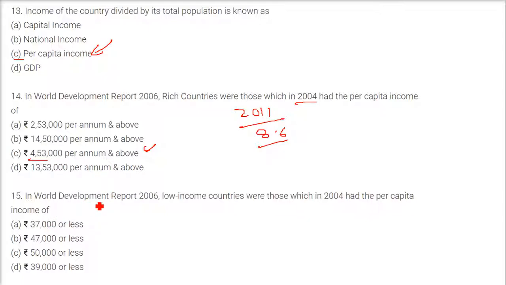Now, in World Development Report 2006, low-income countries were those which in 2004 had the per capita income of, the answer is 37,000. But in 2011, this amount is 70,000 Indian rupees.